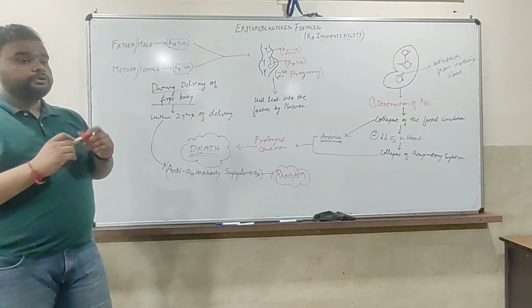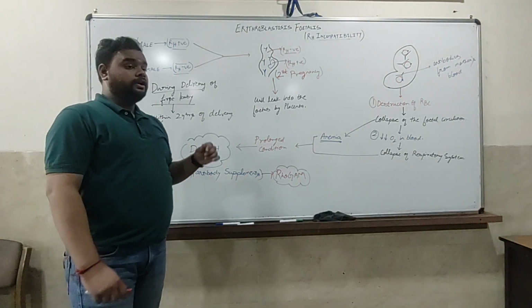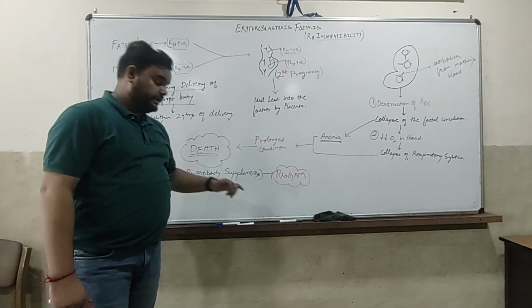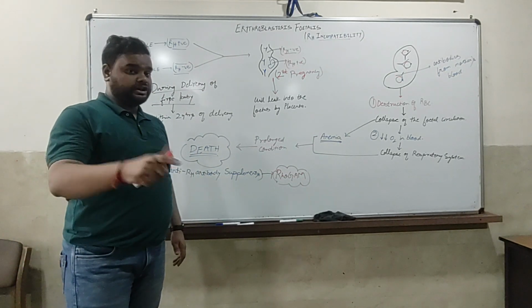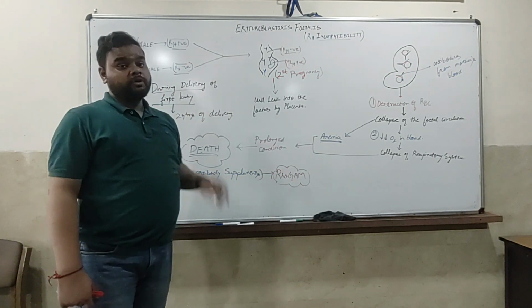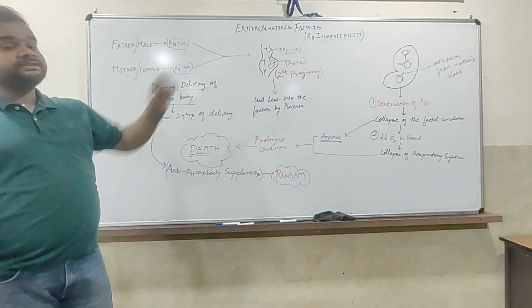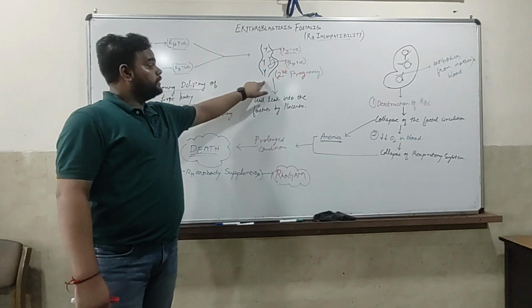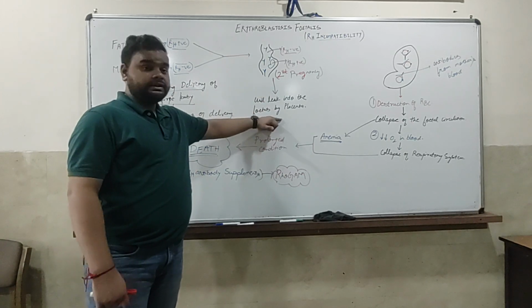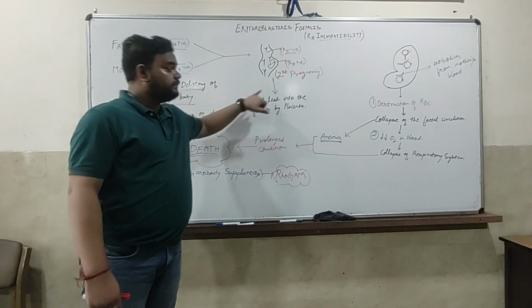So what happens is during the delivery of the first baby, within 24 hours of the delivery, if Rogam or anti-RH antibody supplement is injected into the mother's body, she will not form antibody against the RH antigen, and as a result, during the second pregnancy, this phenomenon will not happen.